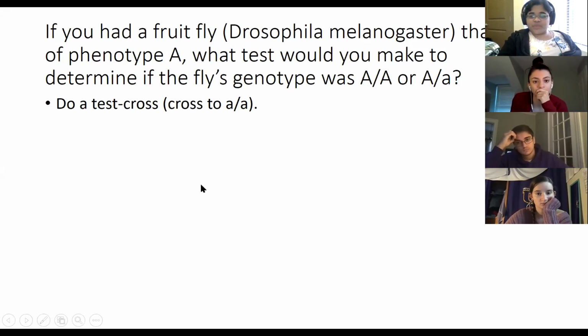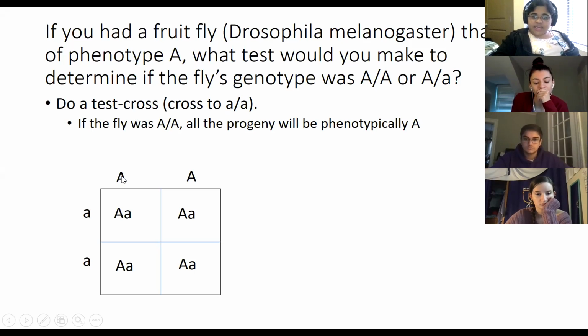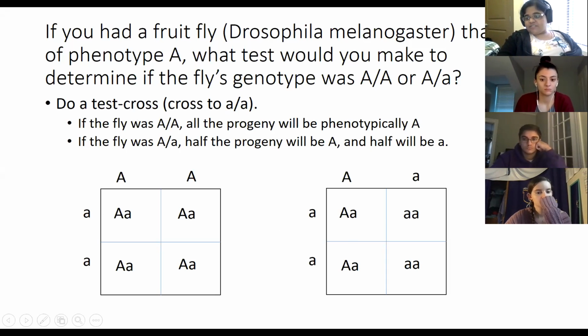So essentially, if you have a fly that was AA, all progeny would be phenotypically A, because at the end of the day, if you have one dominant allele, it ends up masking the recessive, okay? And then if you had a heterozygous one, you would have half and half for each, heterozygous or recessive. We cool? Okay.